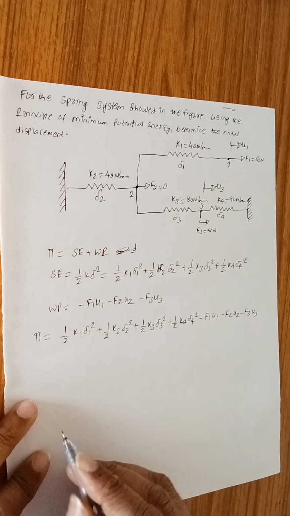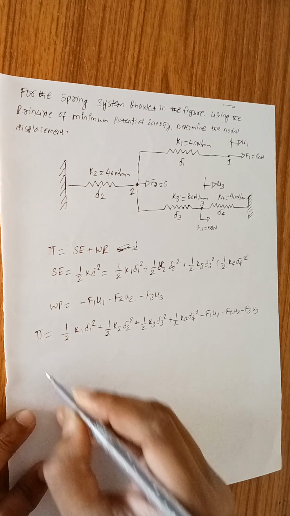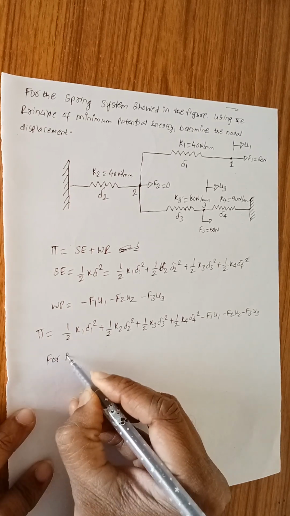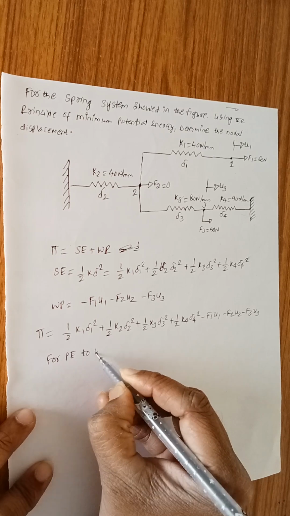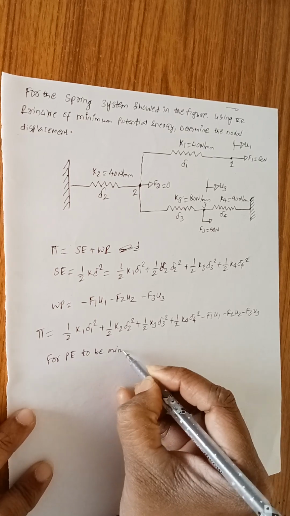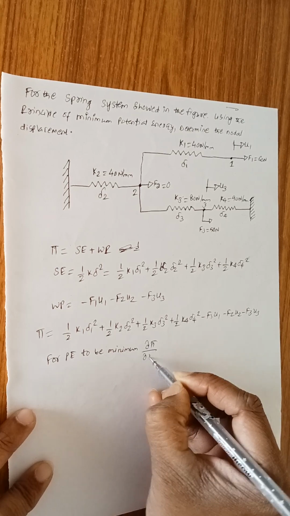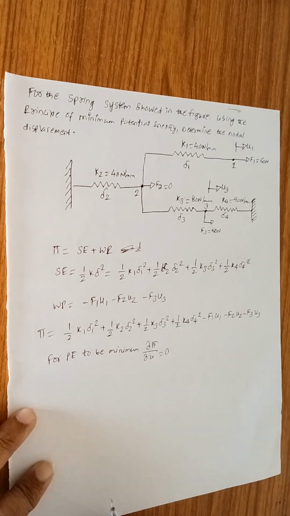So this is what is the final potential energy equation. Now for this potential energy equation to be minimum, for PE to be minimum, this dou pi by dou u must be equal to 0. But before that we have to do one more thing.